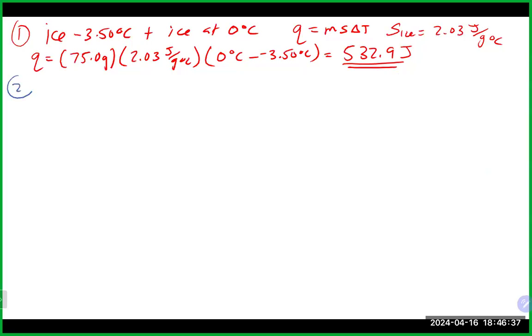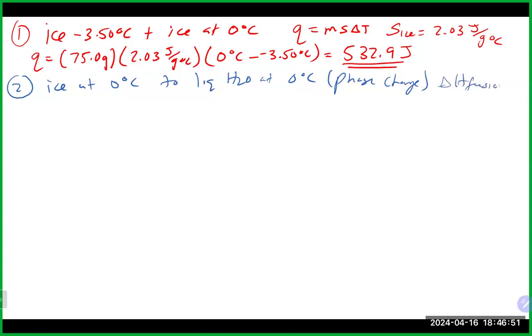We're going to take it from ice at 0 degrees Celsius to liquid water at 0 degrees Celsius. That's a phase change, and that's a delta H of fusion that we use to do that. I'm going to use the joule number that I put up there. So we're going to take our 75 grams of ice and multiply it by the heat of fusion for water, which is 335 joules per gram.